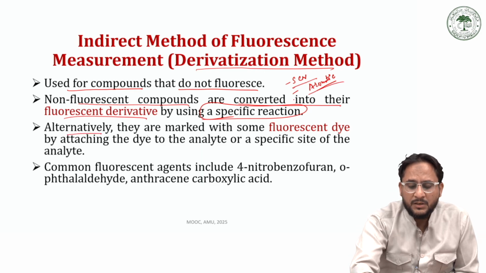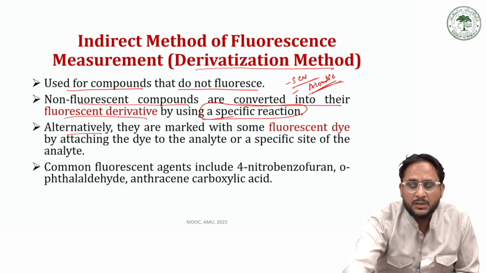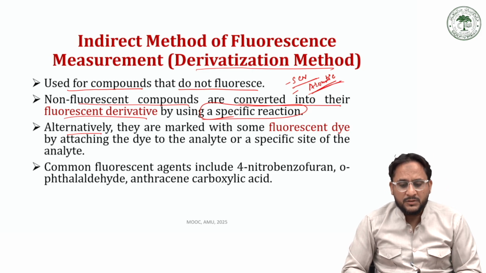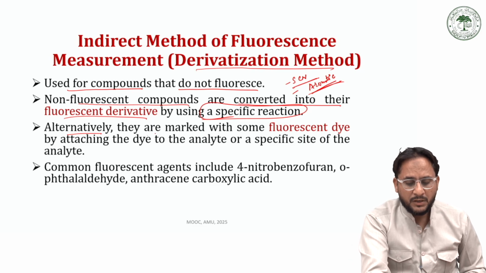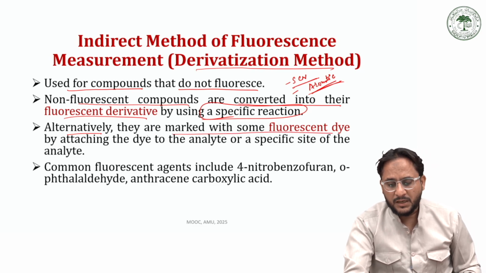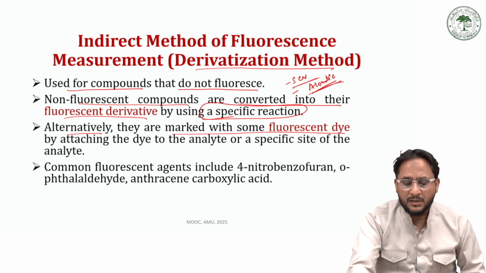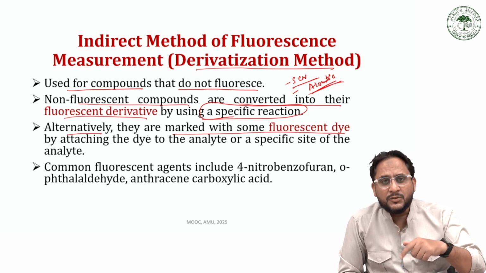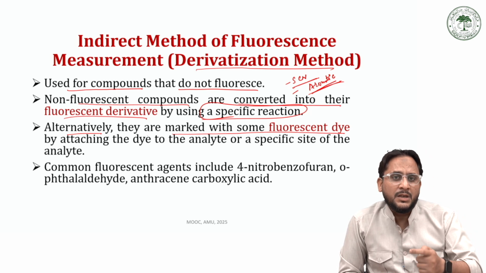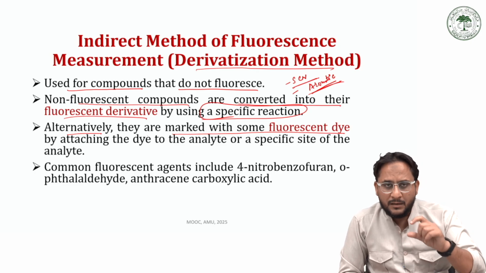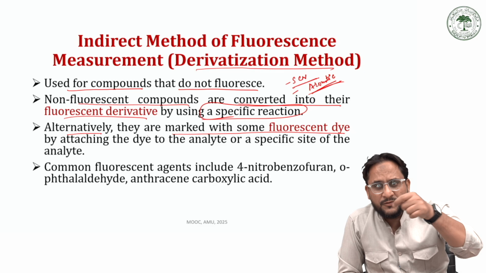Clear? Alternatively, if we are not incorporating these groups into a non-fluorescent compound to make it fluorescent artificially, what we can do is add some fluorescent dyes. These dyes attach to specific sites. Sometimes we use dyes which go into the sample solution and associate themselves with the analyte, or bind to a specific site of an analyte.